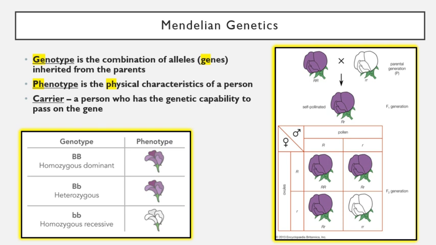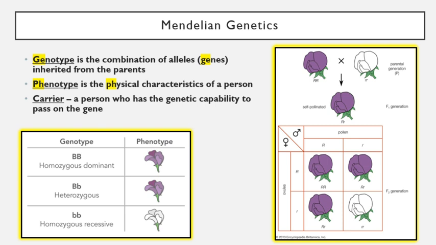So yeah, we have the genotype and the phenotype. A way to remember that is that genotype is what's encoded in the genes, while phenotype is what is outwardly expressed. A really good example is flower color. If you have an uppercase B, that is a purple color, while a lowercase b is the lack of a purple color, which turns white.